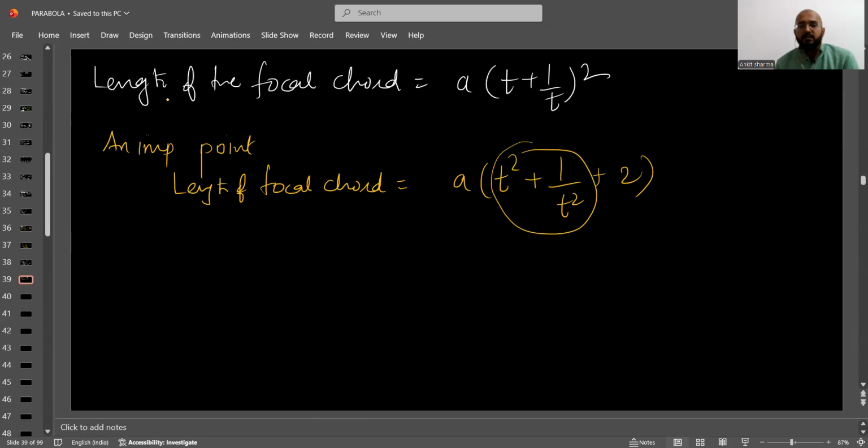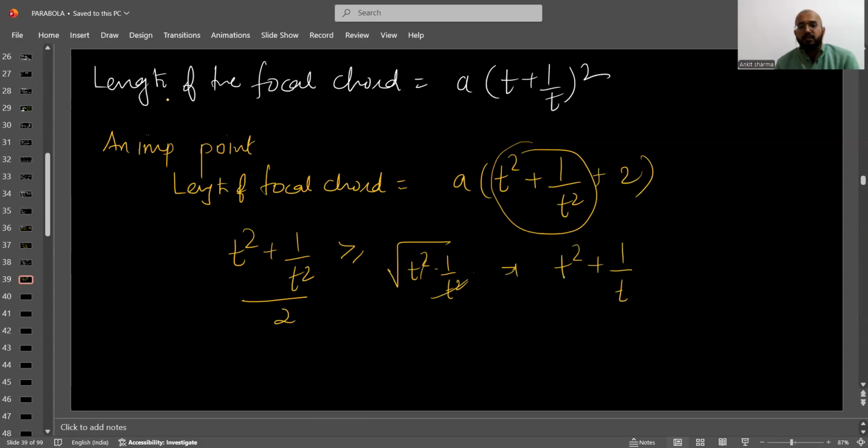Now if I consider t² + 1/t² and apply the AM-GM inequality, I'll have t² into 1/t². So that means t² + 1/t² is greater than or equal to 2. So the length of the focal chord in any parabola is greater than or equal to 2 plus 2, which is 4a.